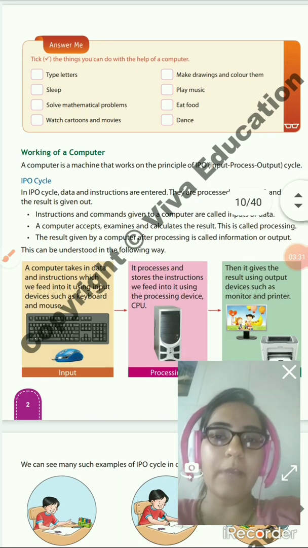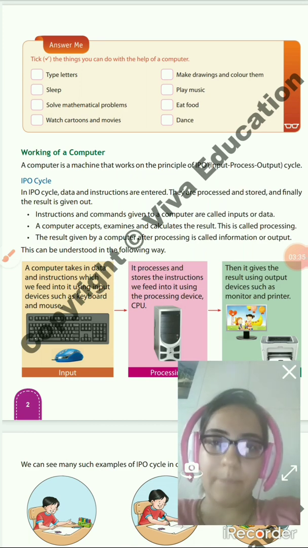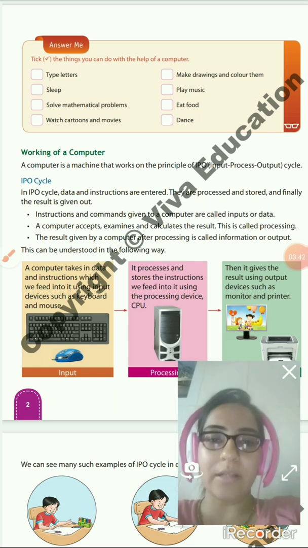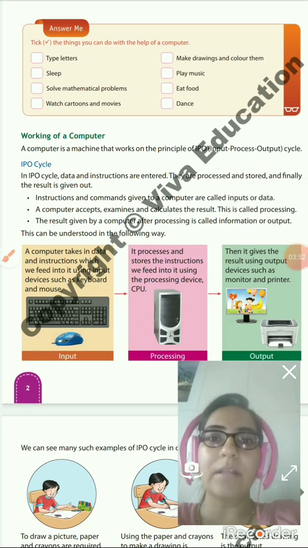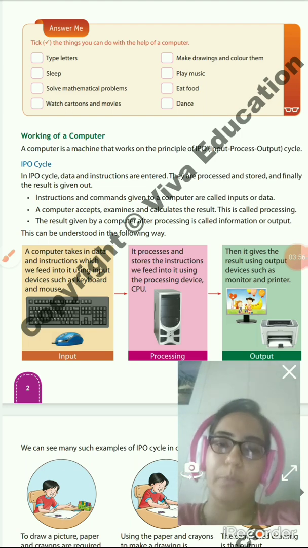It means if you enter Microsoft Word on the keyboard, the computer will accept your command, then it will examine it. It will check whether Microsoft Word is present in your computer or not. That process is called processing, and that is performed using the CPU. Then the result given by the computer after processing is called information or output.